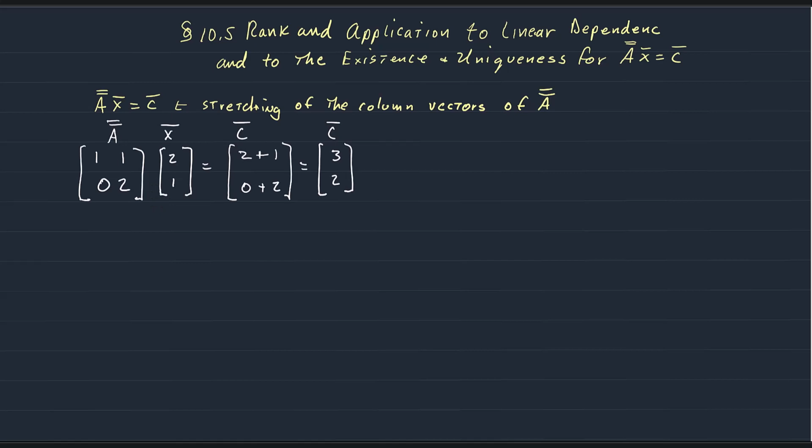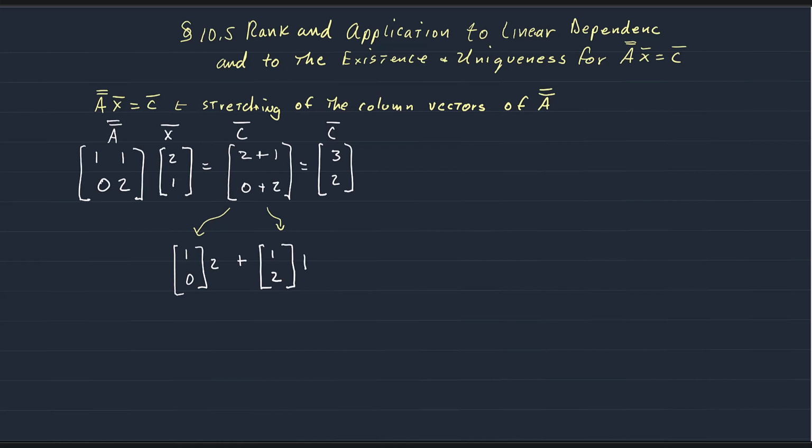One thing I'd like to point out is this is equivalent to multiplying the first column of A times 2, plus the second column of A, which is 1, 2, times 1.